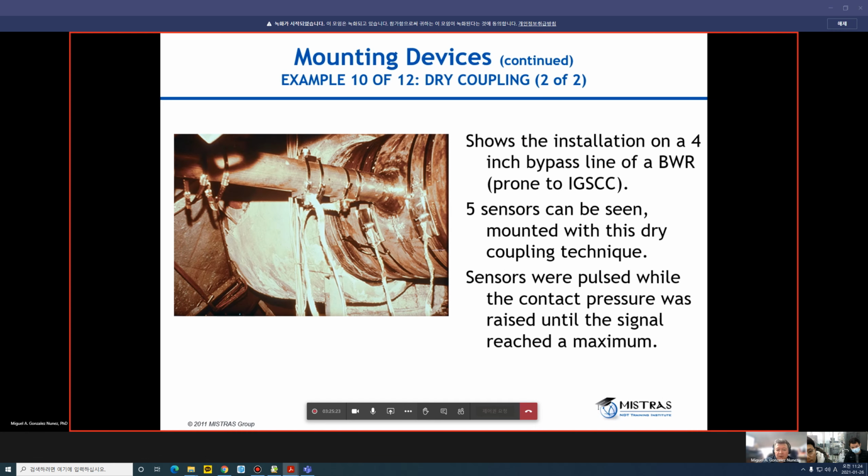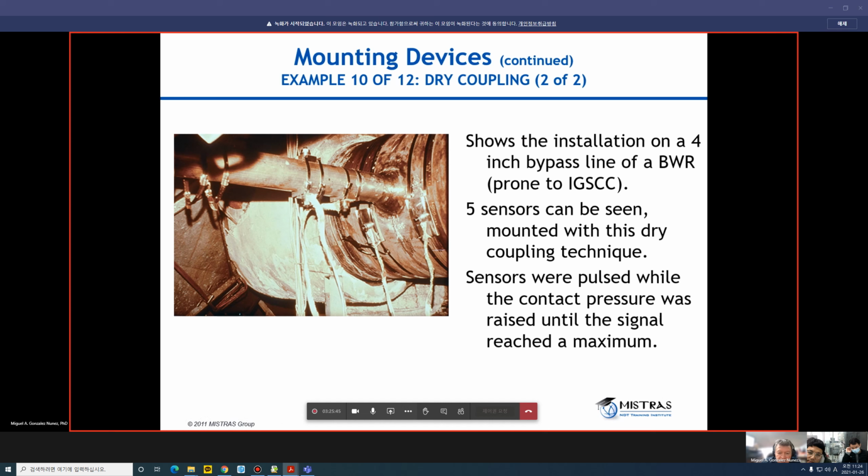This is another example of dry coupling. Maybe you could use something like this. These are the sensors. They are held with a small plate here, and these are the straps. And then you tighten the sensors with this knob.